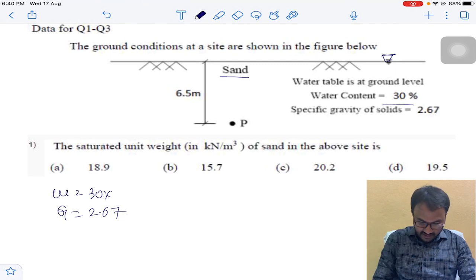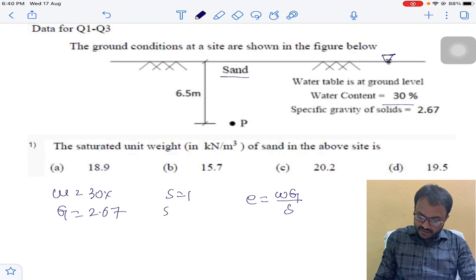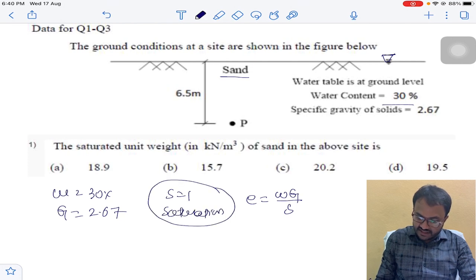So what he has given, water content and G. We'll try to calculate. We have one formula, e = wG/S. S is equal to 1 because saturation condition. So that is degree of saturation is 100%.